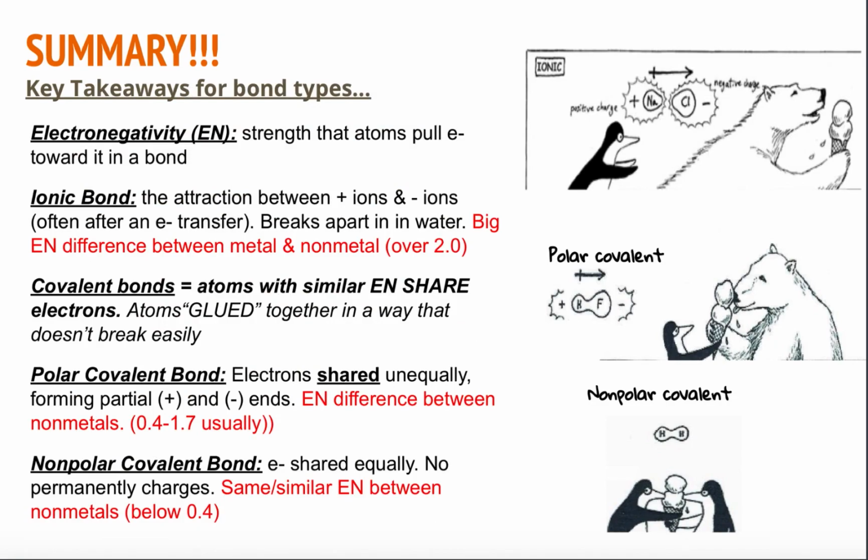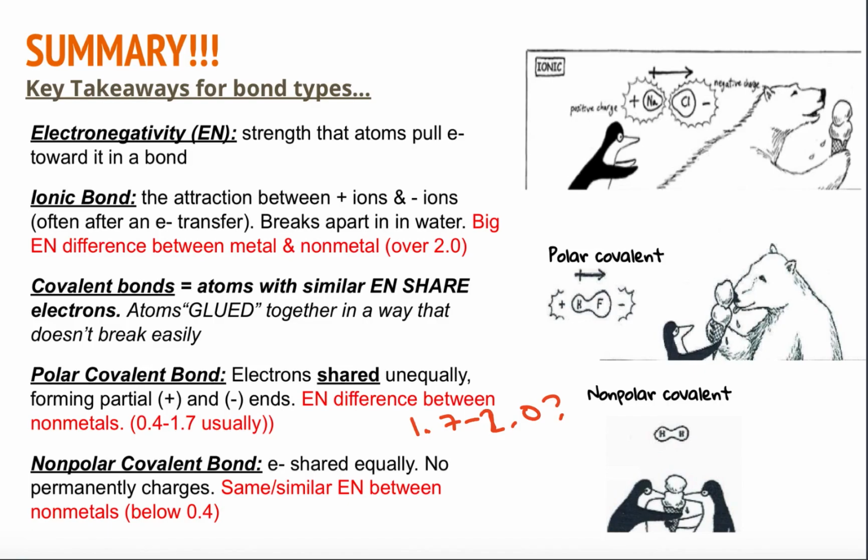By the way, if you have a quick question on what happens in the 1.7 through 1.9 range, or the 2.0 range, my answer for you is it depends. Basically just consider, is one a metal and one a non-metal, or are both non-metals? That's going to help you figure out whether it is an ionic bond or a really very polar covalent bond.